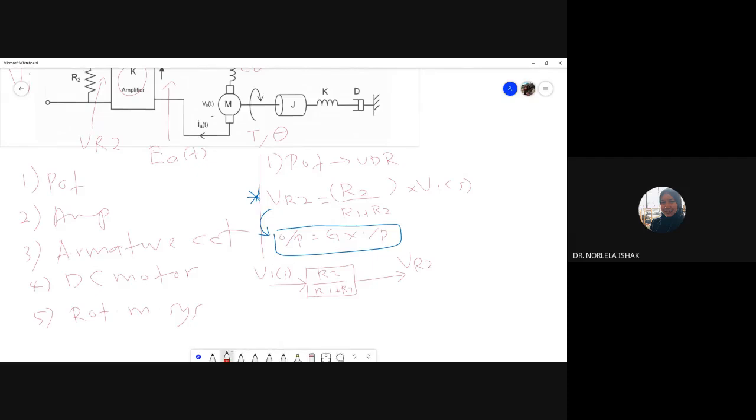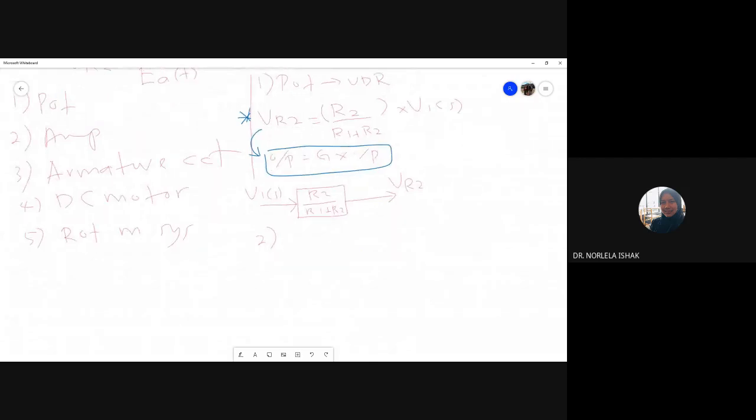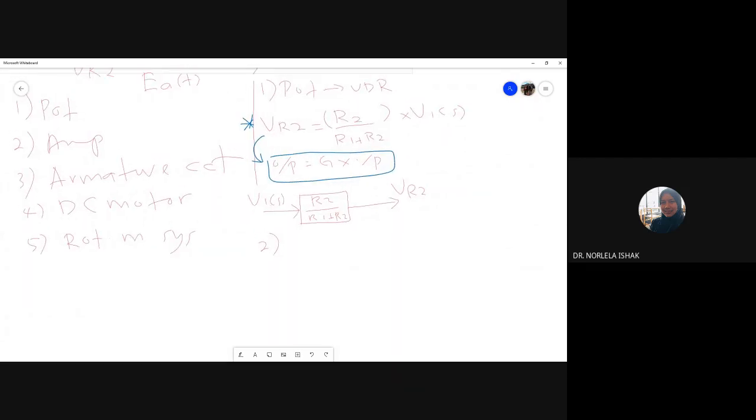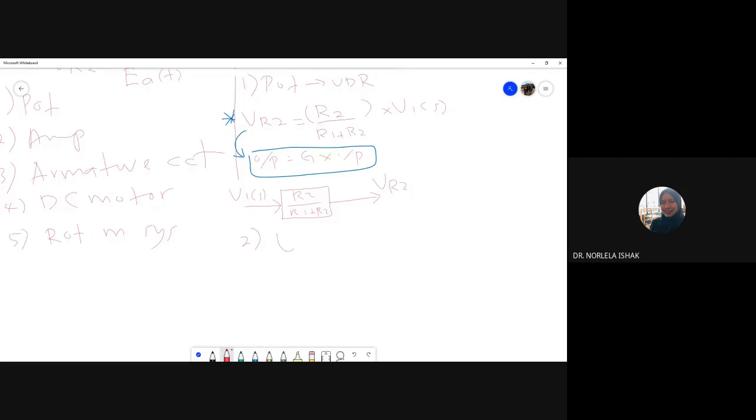So number 2, the output from the amplifier is EA equal to K, the gain constant for the amplifier, and then you have to multiply with VR2. Okay, this is the equation for the amplifier.